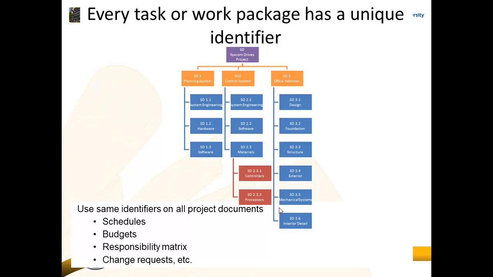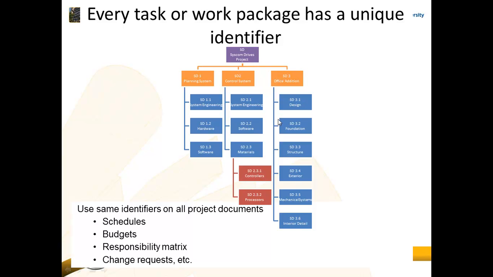Okay, then the next thing to understand about a work breakdown structure is that every task or work package has a unique identifier. So in this example, you can see that the top level is called SD, and planning system is then SD1, control system is SD2, office edition is SD3, and then if we go down office edition, you'll see SD 3.1, 3.2, 3.3, 3.4, 3.5, 3.6.